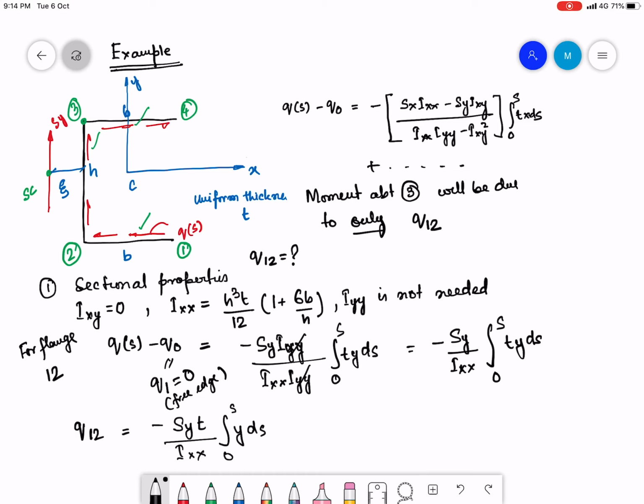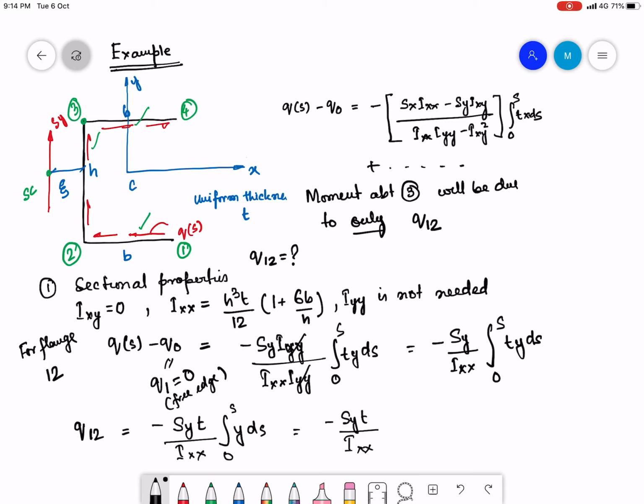Now what is y for portion 1 to 2? So I have minus Sy t by Ixx. What is going to be y? Y is going to be minus h by 2 for flange 1 2.